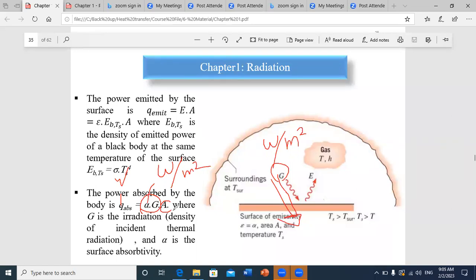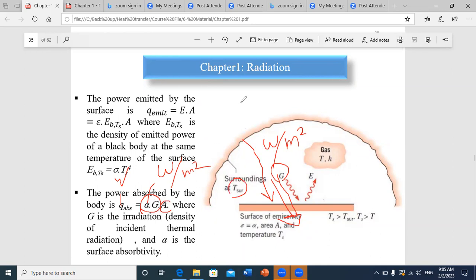Okay? Now, in general, if we take the example of a large enclosure, G is coming from the surroundings, which are radiating, which are emitting heat by radiation due to their temperature T surrounding. So how can we write G then?